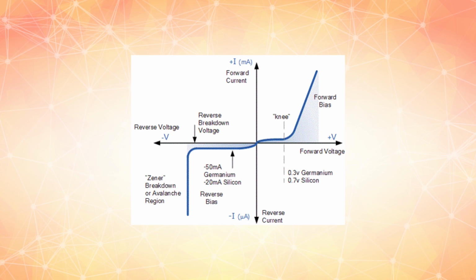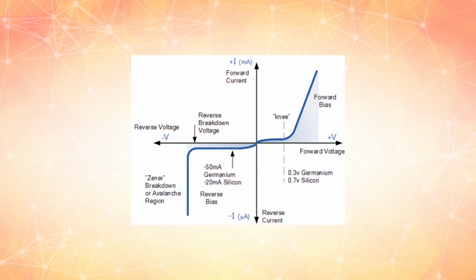Let us see the first quadrant. In the forward biasing condition, the diode works in the first quadrant region, where it acts as a closed switch, in which the current moves from anode to cathode.